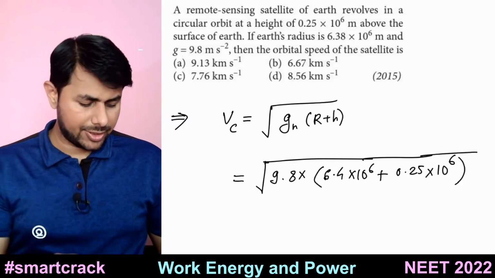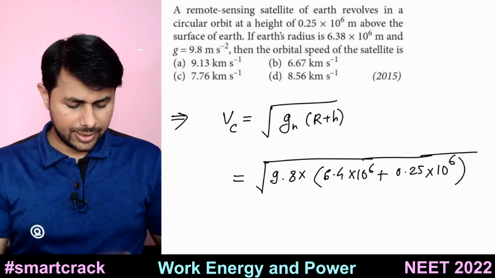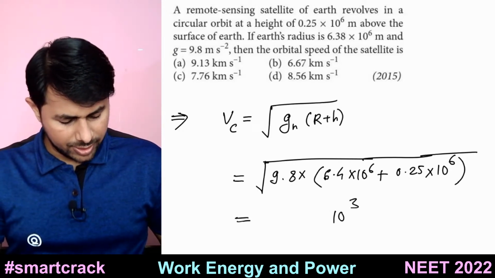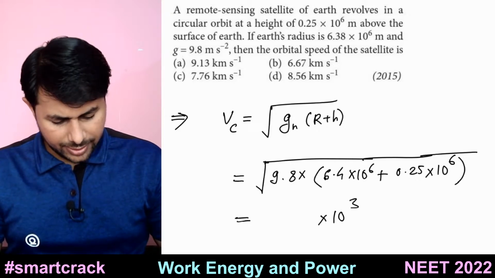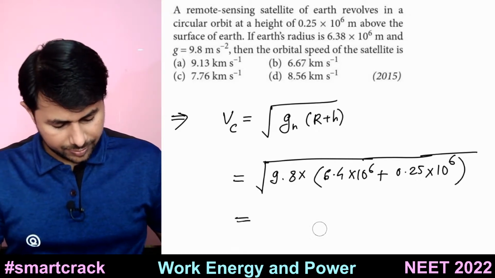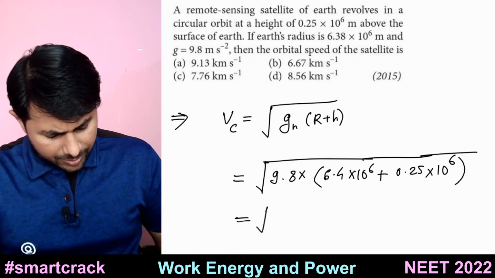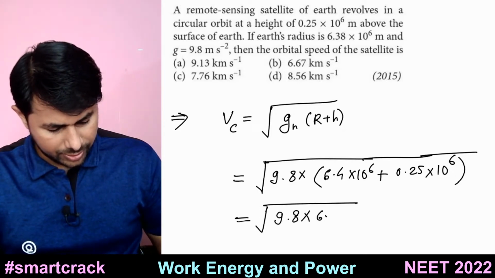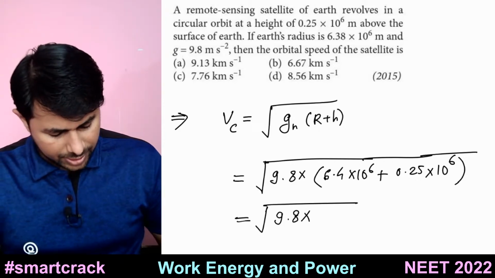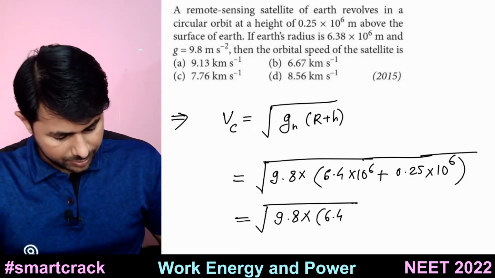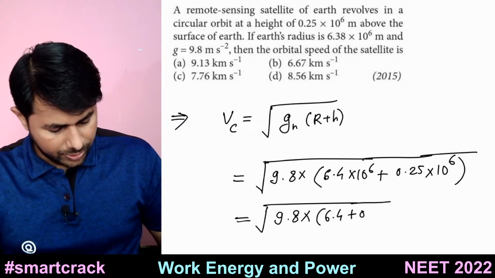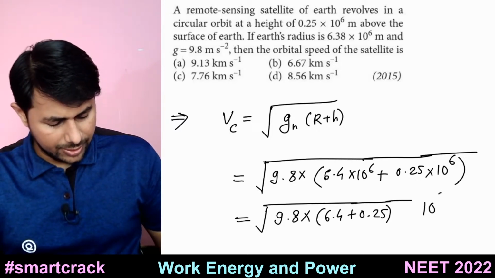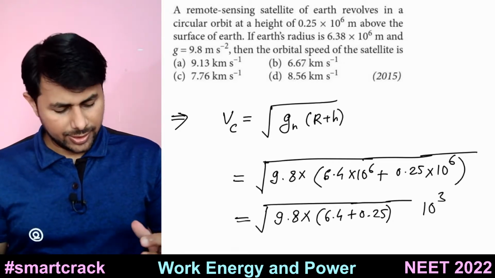So we can take 10 raised to 6 common, and its square root will be 10 raised to 3. So 10 raised to 3 is there, and what are we left with? It is 9.8 into (6.4 plus 0.25). I have taken square root of 10 raised to 6 outside.